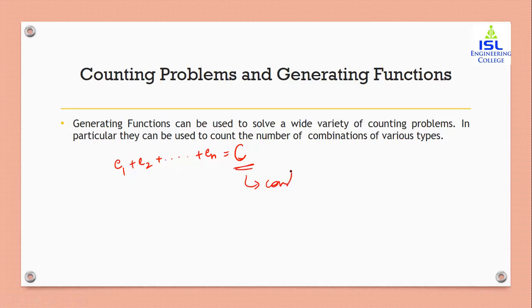It is a constant value, and each of these e1, e2, or simply ei, is a non-negative integer, which can be 0 or positive, which has some constraint. For each value of e, we have some kind of constraint or condition.